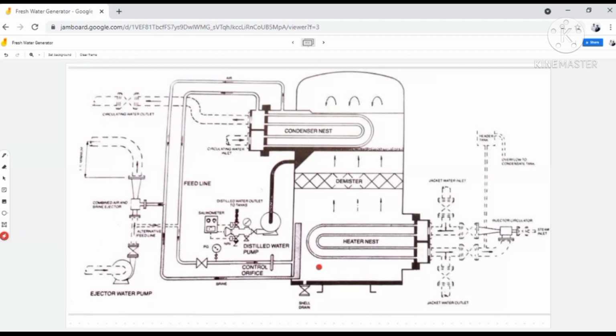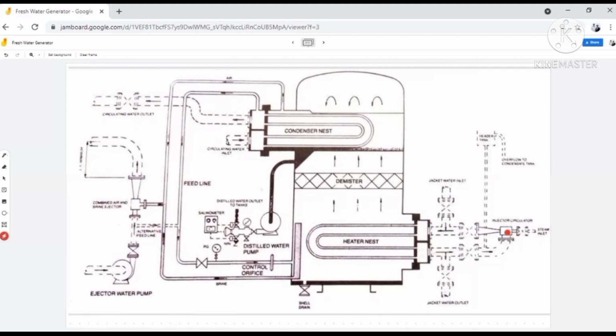You see there is a line that moves from here and connects to the ejector line. This is a small line. From time to time, the brine will be ejected from this side, and it will be replaced by fresh water.